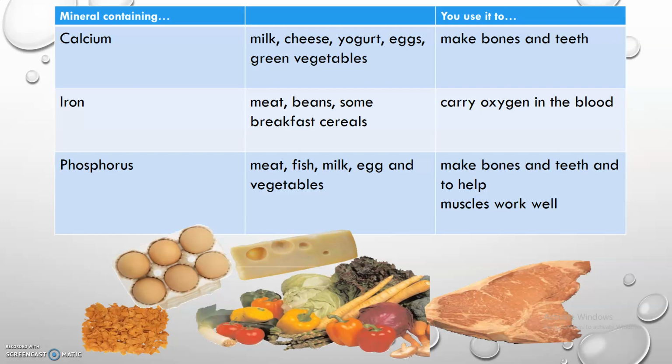It is used to make bones and teeth just like calcium and to help muscles work well. So these all are the important minerals: calcium, iron and phosphorus. They are found in these food items and they are used for this purpose in our body. So I have discussed most of the elements, compounds and other minerals which are required by your body.